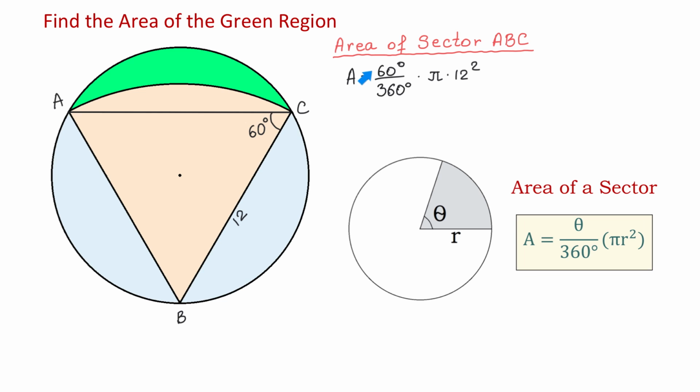If we reduce this fraction, we will get 1 over 6, and 12 squared is 144. So we will have 1 over 6 multiplied by pi and multiplied by 144. Then because 144 divided by 6 is 24, the area will be 24 pi.